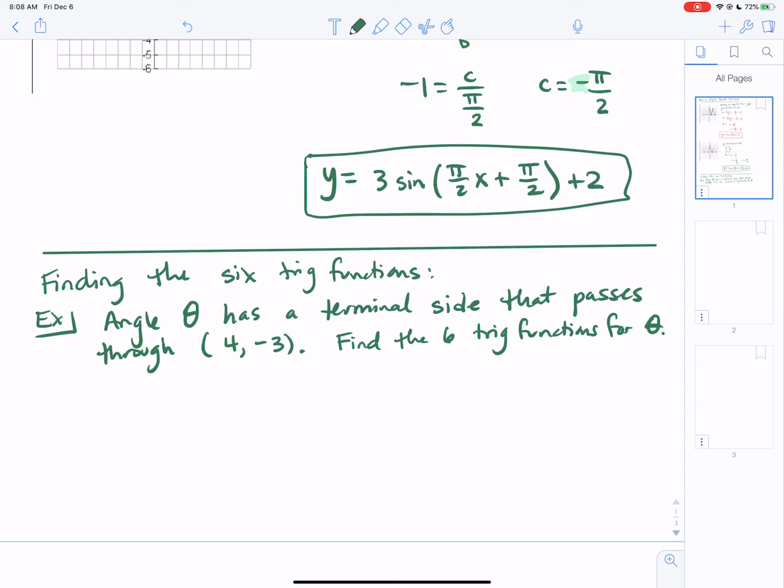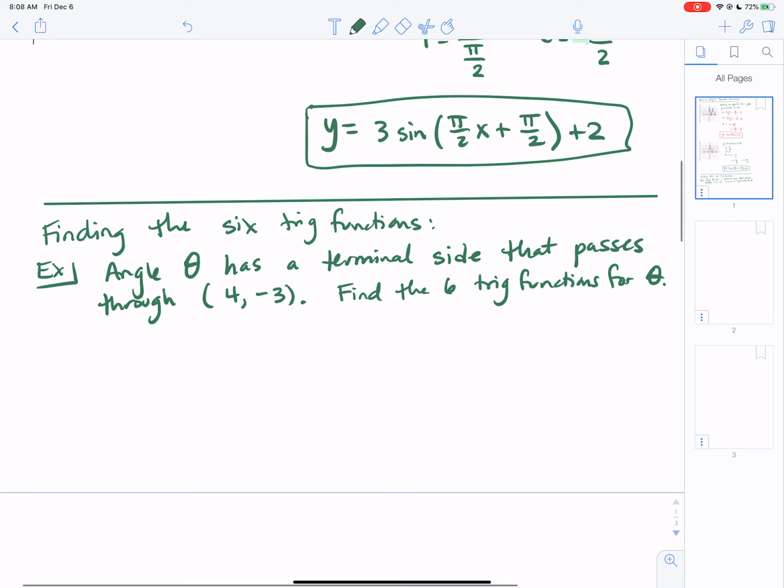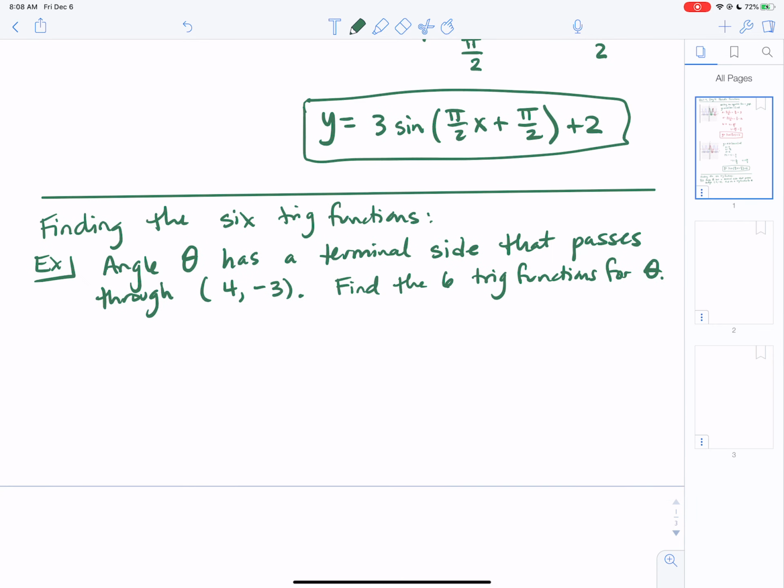All right, so like I said in our previous videos, when in doubt, draw it out. So we are going to draw a little picture of what is going on. All of our pictures for trig are going to start with an x and y axis. So you're going to make a little axis. And I'm going to plot the point 4, -3.